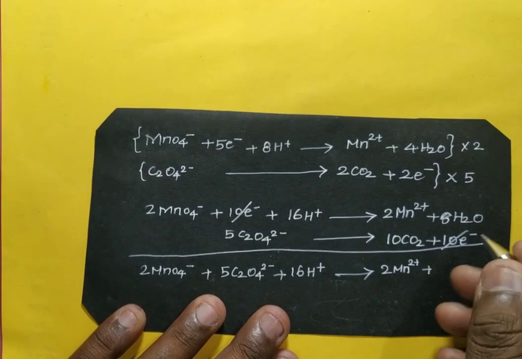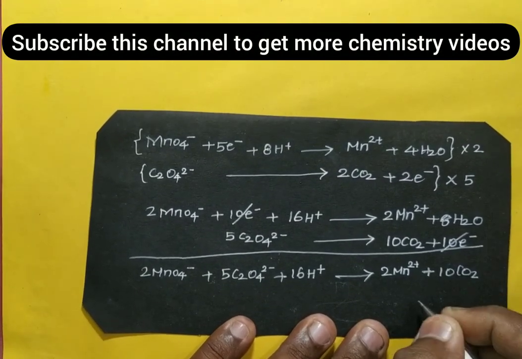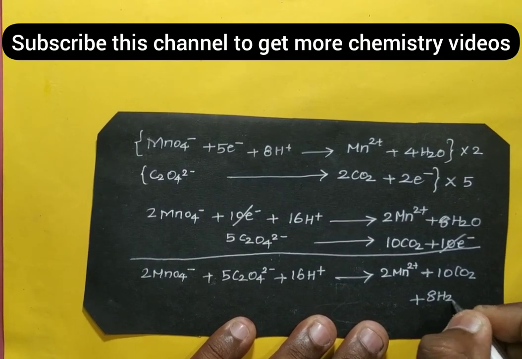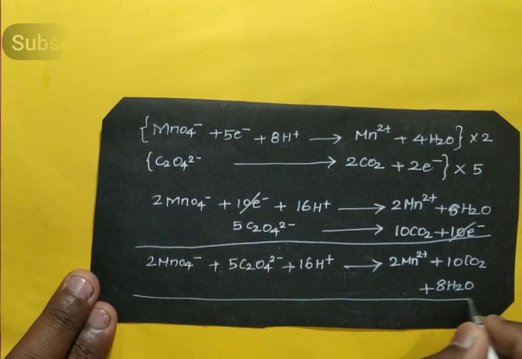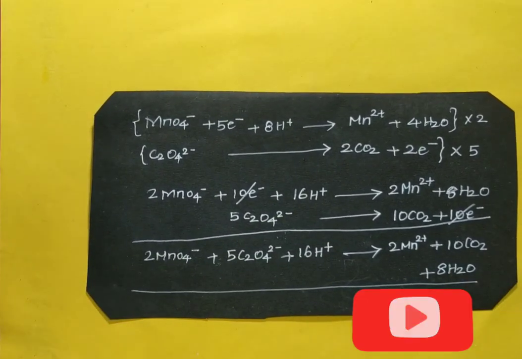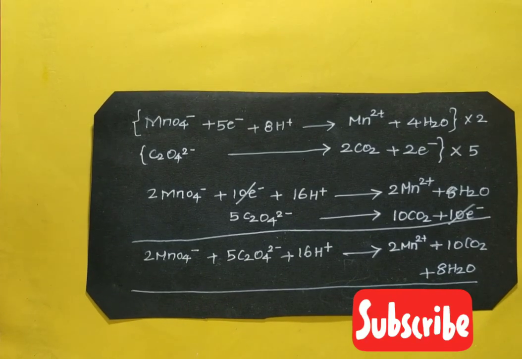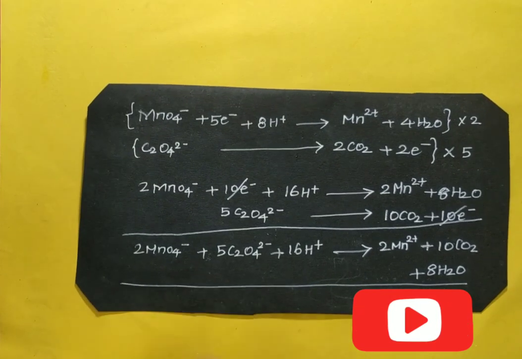With that, how many carbon dioxide? 10 CO2 along with 8 H2O. This is the overall balanced equation. Whenever you have to balance a given redox reaction in presence of an acidic environment, you have to use these simple steps to balance the equation.